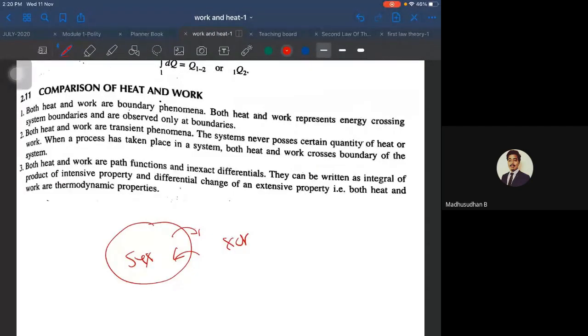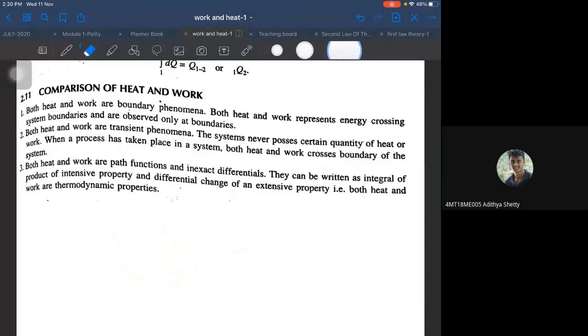Second point, Aditya. Both heat and work are transient phenomena. Spell it. Transient phenomena. What does transient mean? What do you mean by transient? Transferable.